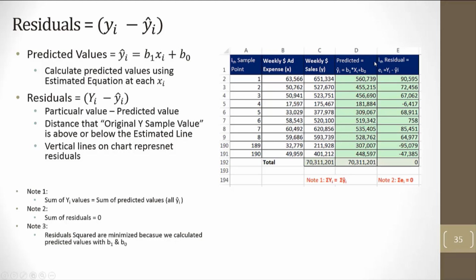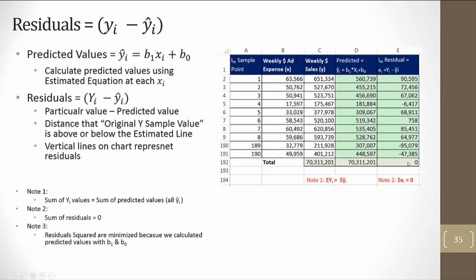That means we have an exact predicted value at the same x as the original sample y value. Then we simply subtract: particular y minus the predicted. And this is called the residual. And when we make all of those calculations, we get the distance, that red line, for each one of our original x values.